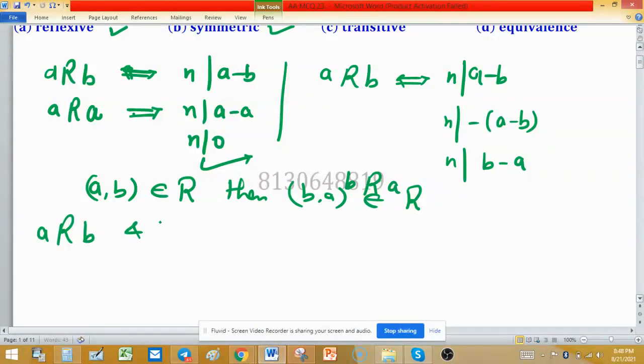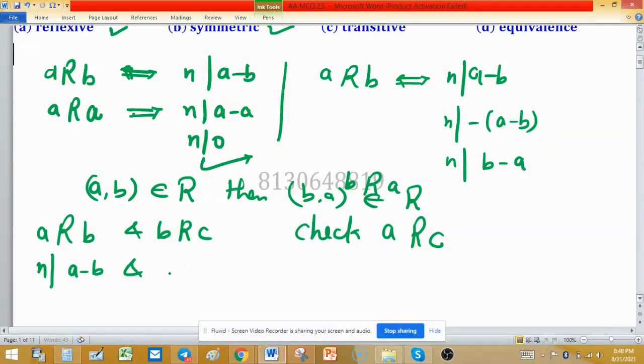Now we need to check the transitive property. If A is related to B and B is related to C, then we need to check that A is related to C. If A is related to B, it means that n divides A minus B and n divides B minus C. If n divides two numbers, then n will divide the sum of them.